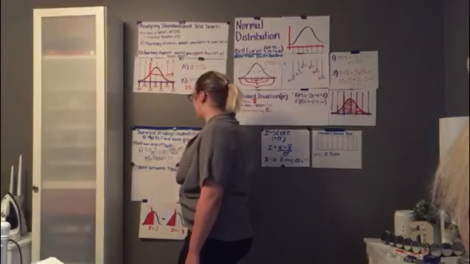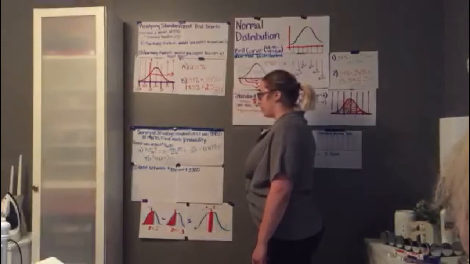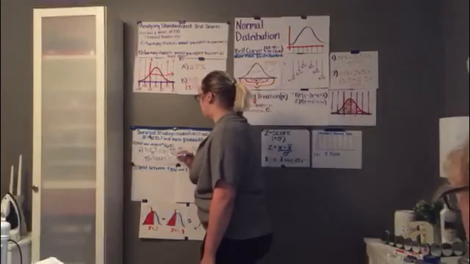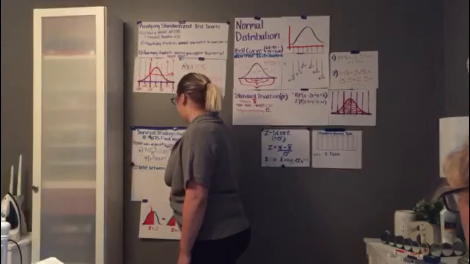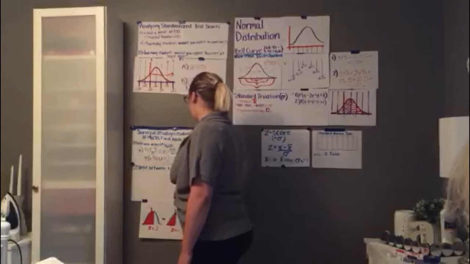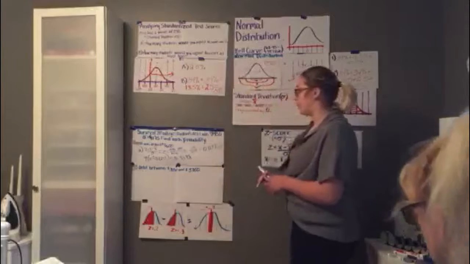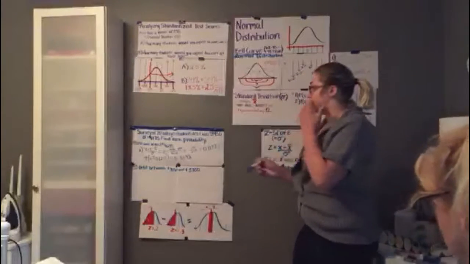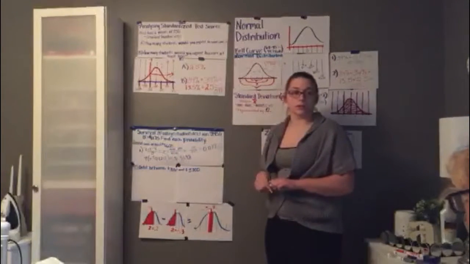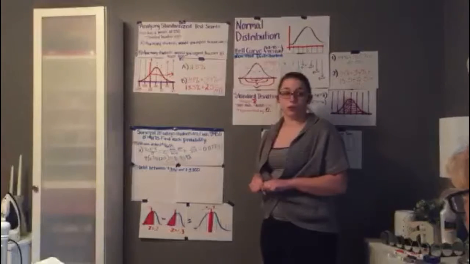And then you just looked up your 0.1 on the chart and it gives you 0.5398. And that would be the probability of all the debt being at most $3,600. Okay.